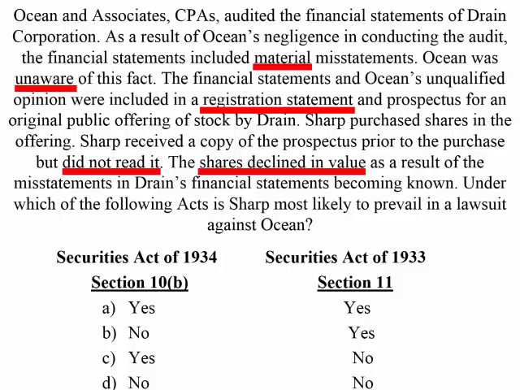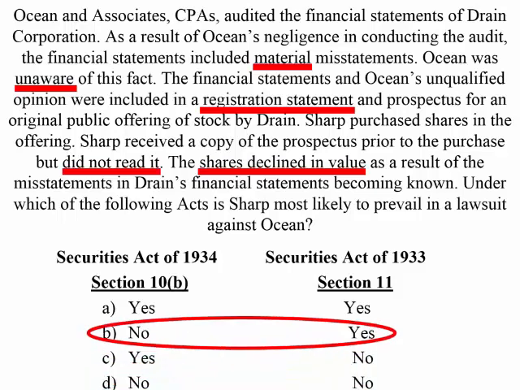Under Section 11, all we have to prove is injury, which it looks like there is, and materiality. And that also looks like it's there. So the 1933 Act applies provided we're talking about a registration statement, and in this case, we are. So on an exam, look for those things.